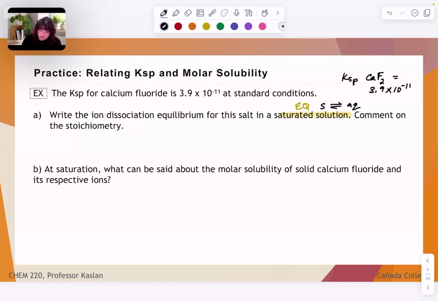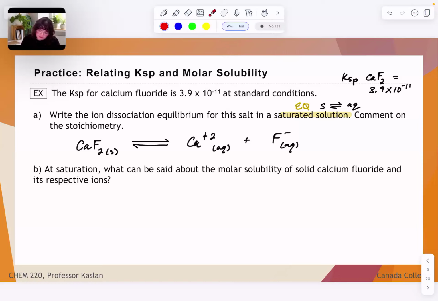So I'm going to write my ion dissociation equation for a saturated solution of calcium fluoride that is undergoing a constant exchange of dissolution and reassociation. Then I'm going to have Ca2+ dissolved, so that is calcium ion, and also fluoride ion dissolved.